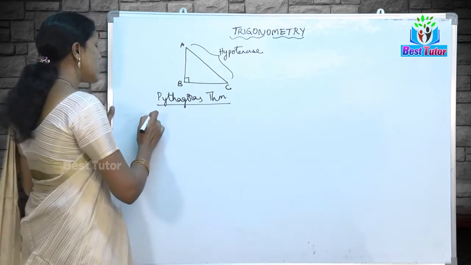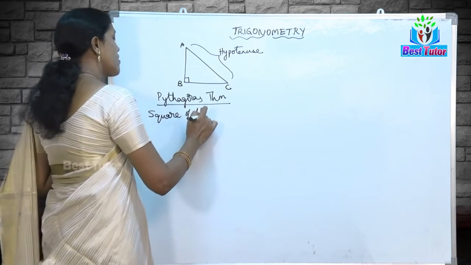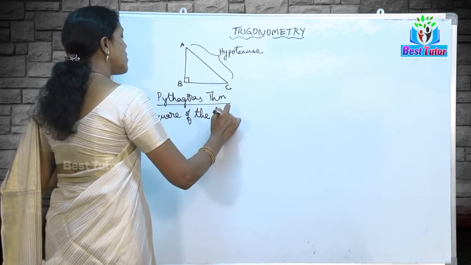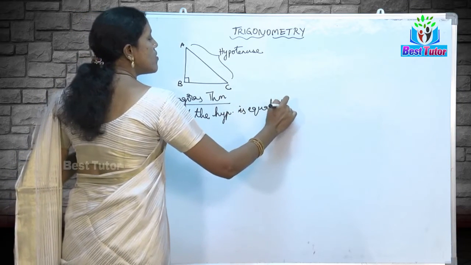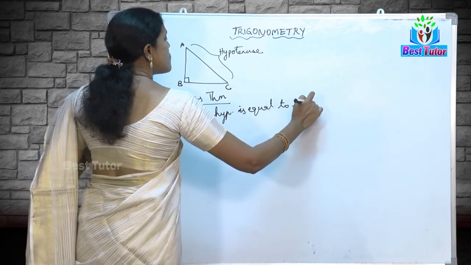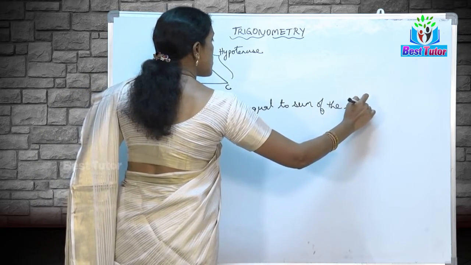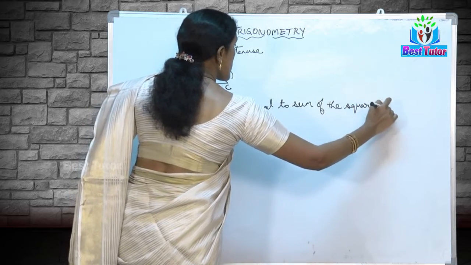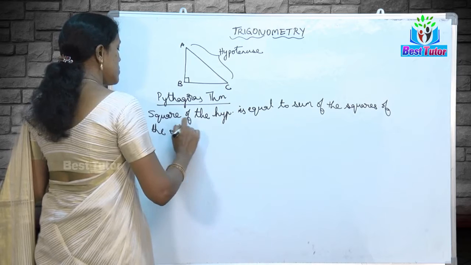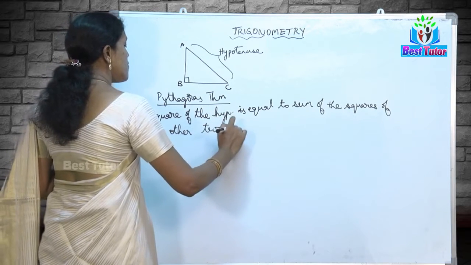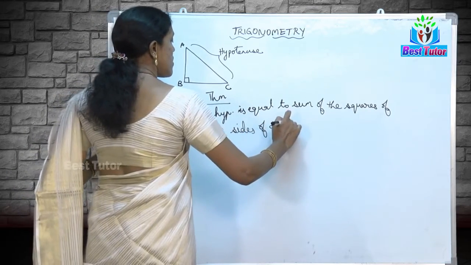We will learn it as: square of the hypotenuse is equal to the sum of the squares of the other two sides of a right angled triangle.